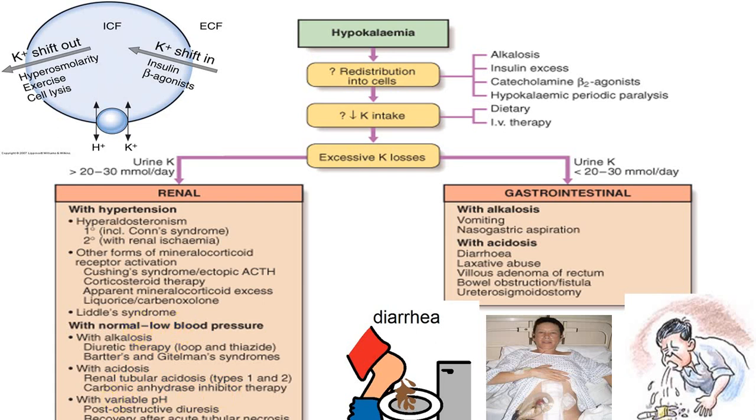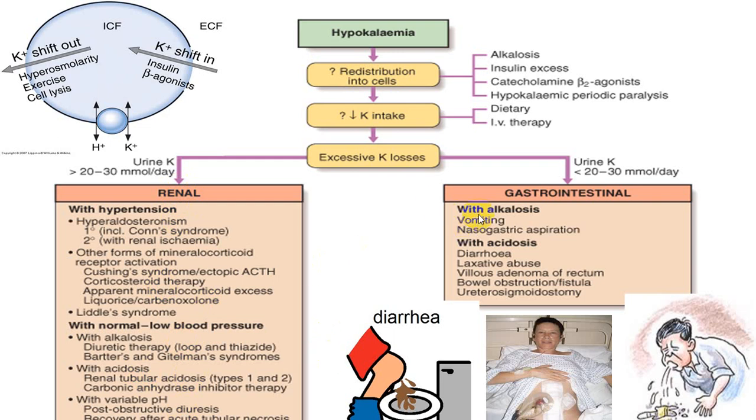With variable pH, particularly in a post-obstructive diuresis, if person has undergone removal of obstruction and then develops a diuresis, in that condition pH may be variable, may have alkalosis or acidosis depending upon the conditions. And recovery after acute tubular necrosis or in a person with magnesium depletion, that is hypomagnesemia. These are a good number of conditions which will produce renal losses.